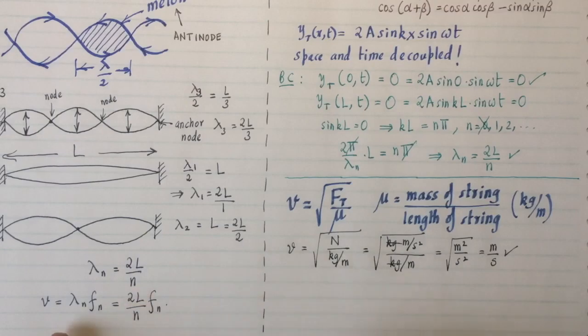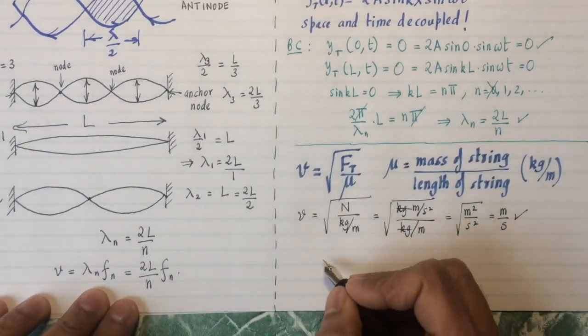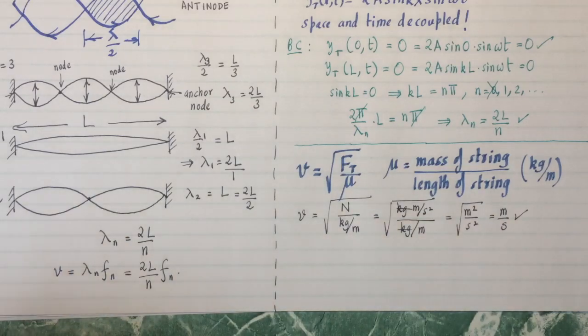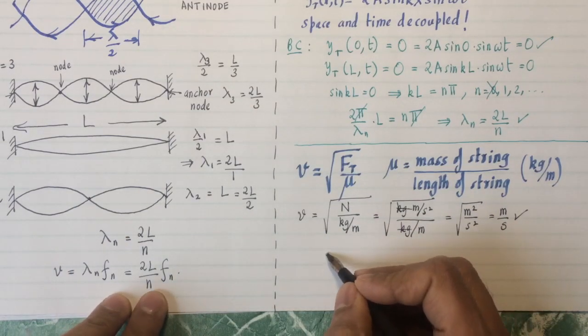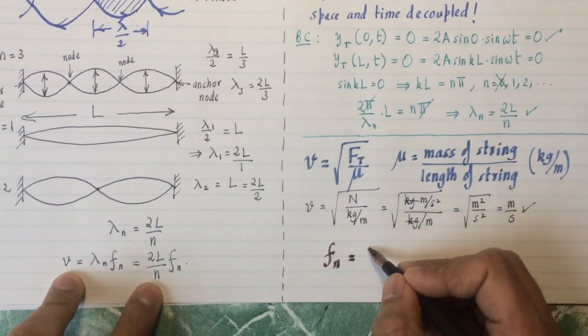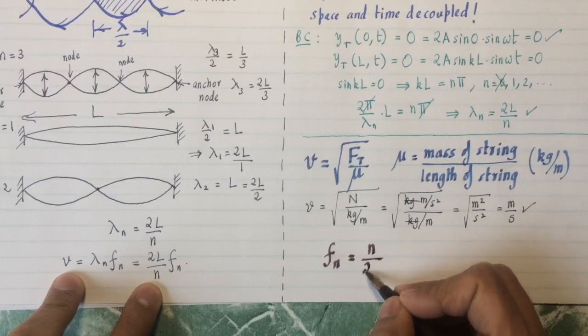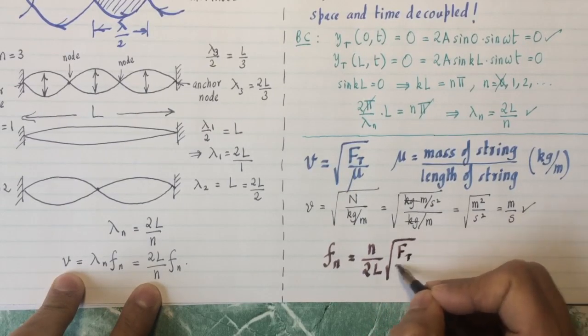So once you have this, you can actually play with this equation in a very nice way. You can write the equation that the frequency of the nth harmonic would be equal to the speed times n over 2L. So n over 2L times the speed, which is the square root of FT over mu.